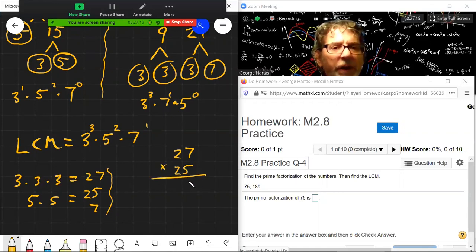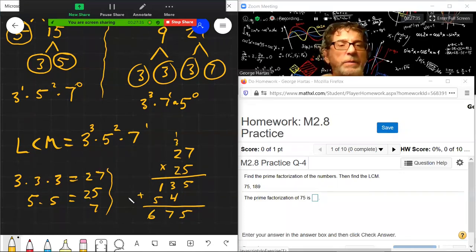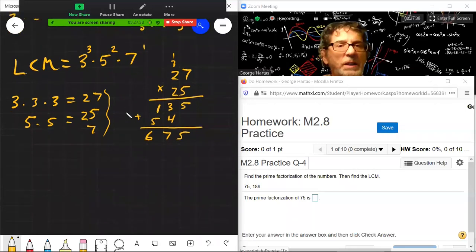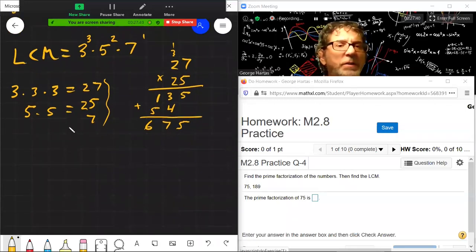Quick and dirty, nothing fancy. 675, and then times 7. Times 7. 675 times 7, because all these are in multiplication. We're multiplying these.